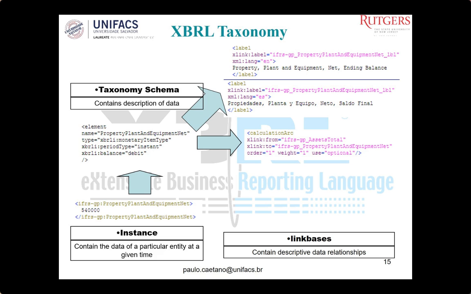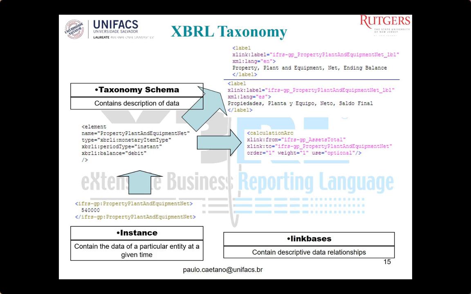The linkbase contains descriptive data relationships. For example, I have here one kind of linkbase with two elements. The element label is defined by the XBRL 2.1 specification. And here I establish a relationship with this resource.